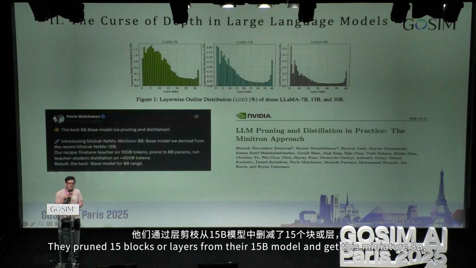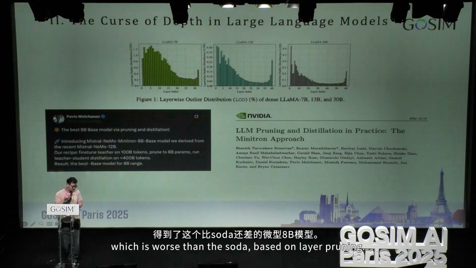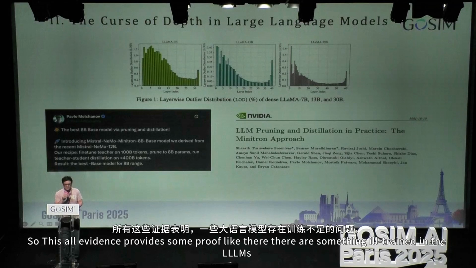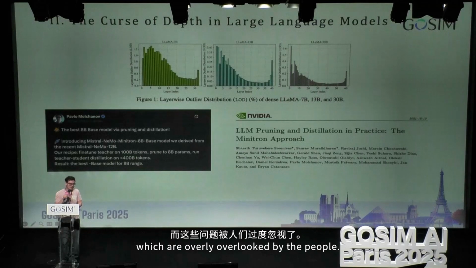They pruned 15 blocks or layers from their 15B model and got this Minitron 8B, which is better than SOTA based on layer pruning. So all this evidence provides some proof that there is something ill-trained in LLMs which is overlooked by people.